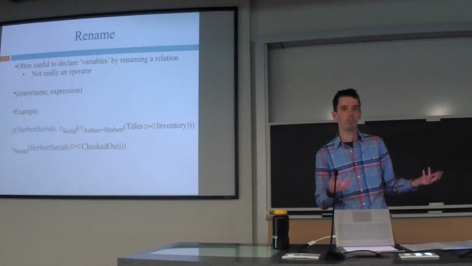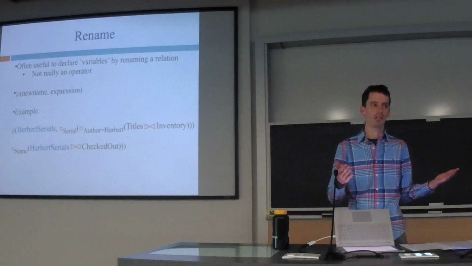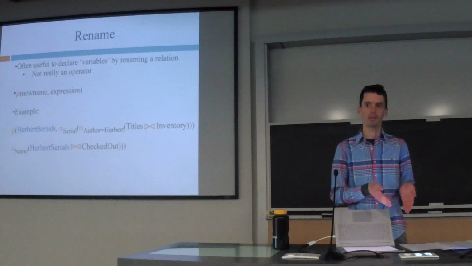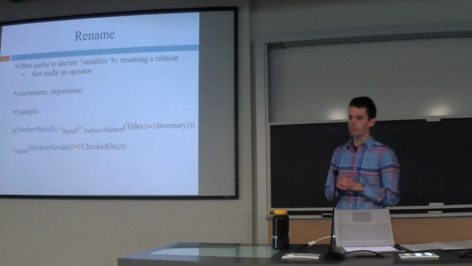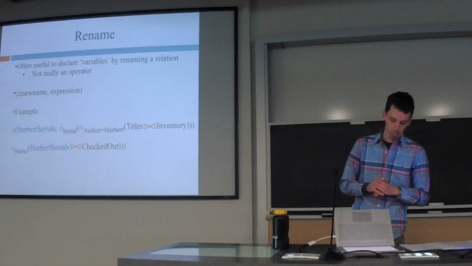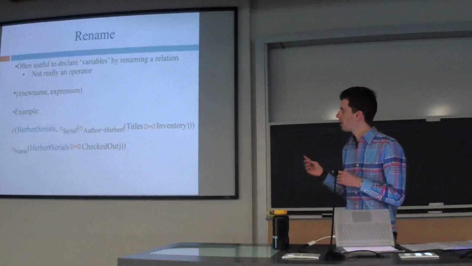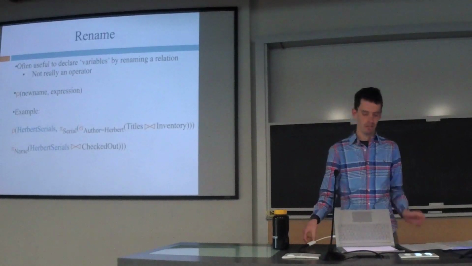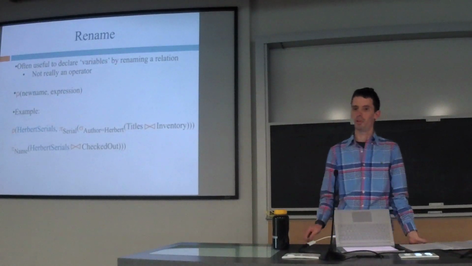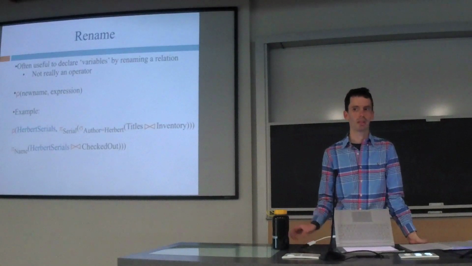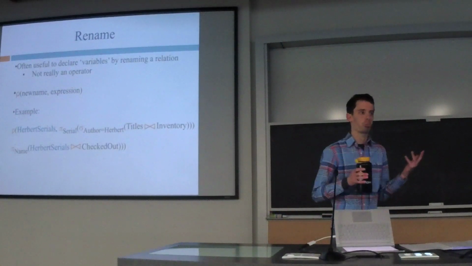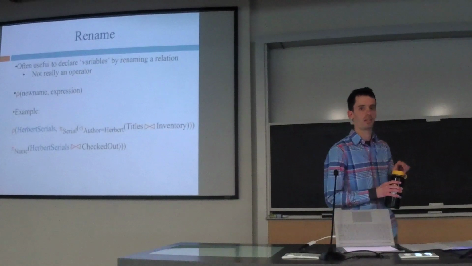And there's no ambiguity because natural join automatically removes it to just one serial number column. But then I also have name because checked out has a name. Oh no, it doesn't have a card number. Pretend checked out has a name instead of card number. And then I could get the names of people with Herbert's books. Okay. So pretty much just straight translation to SQL here.